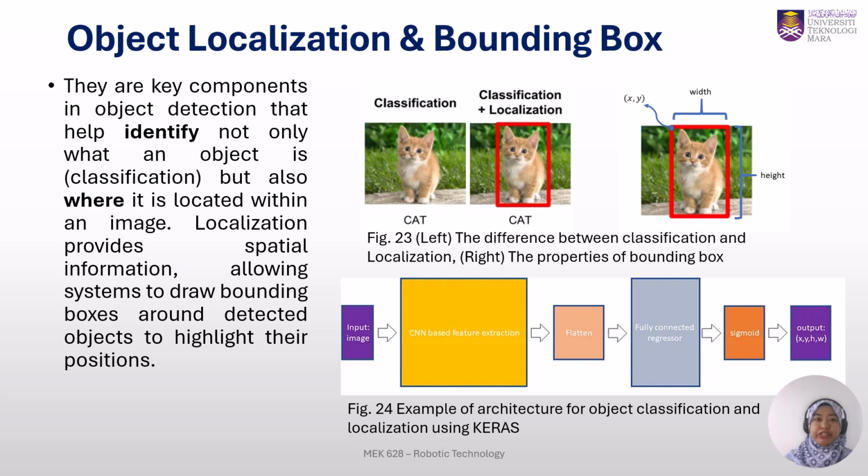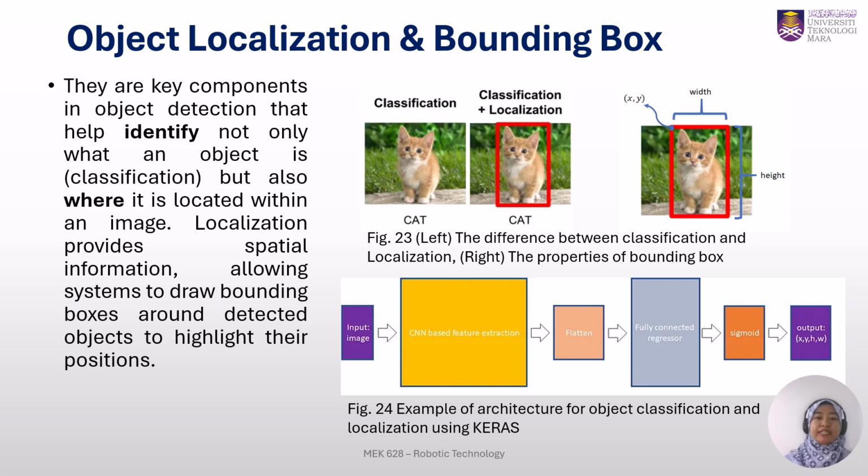Some of the application, we just don't want to know what something is or maybe what is in the pictures, but sometimes we want to know where it is in that picture. Okay, that's why we need to do some object localization and bounding box. So bounding box helps us draw a rectangle around the detected objects, providing spatial context.